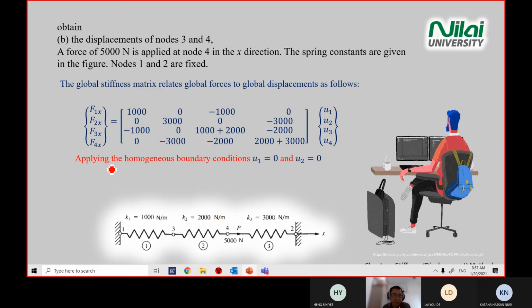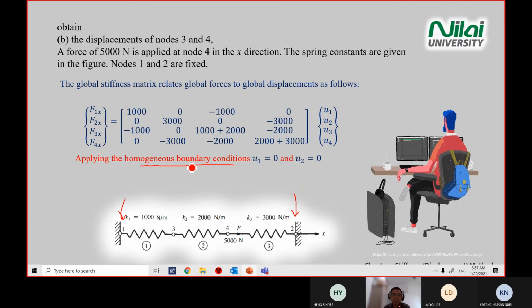All right. Now, the next step after you call back the general equation, F equals Kx, is to apply the homogeneous boundary condition, U1 equals 0, U2 equals 0. Why do we apply boundary conditions? Because we want to simplify the equation and remove all the unknowns.